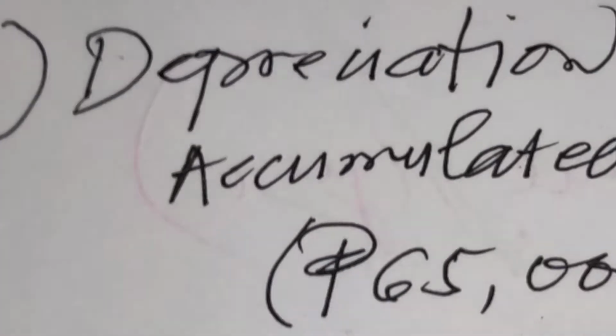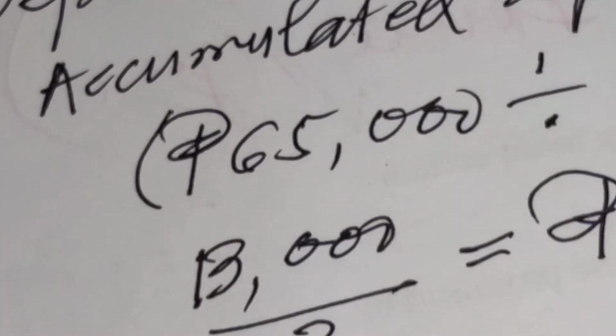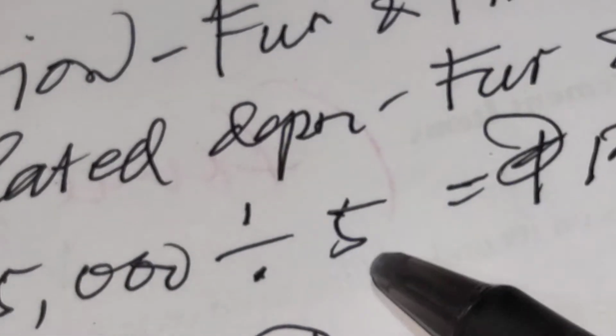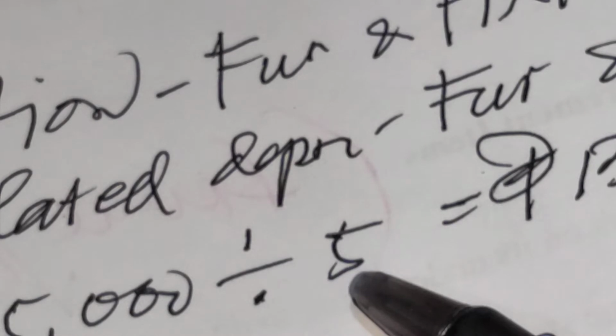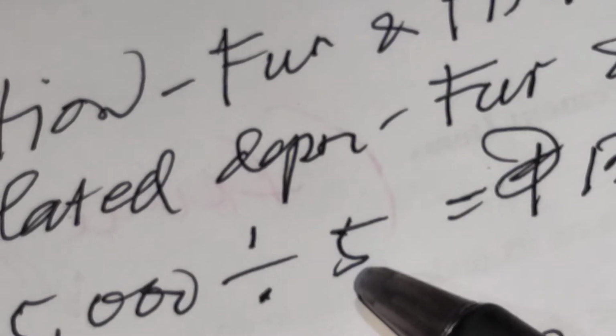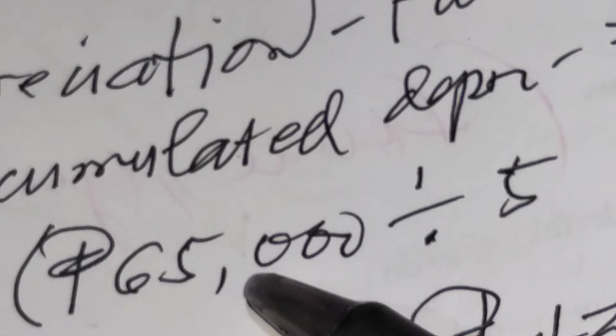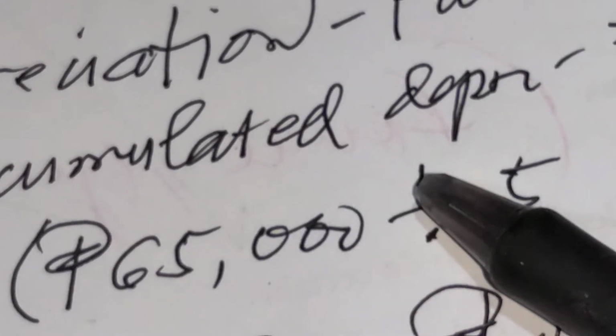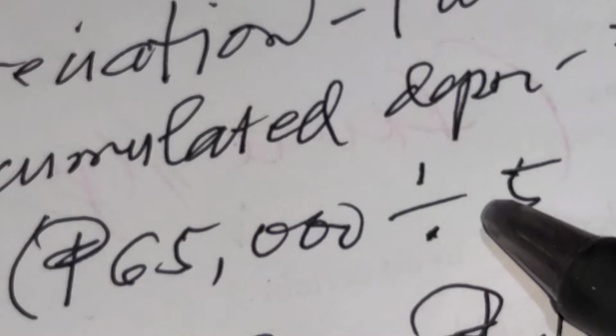For your letter A, the 65,000 of furniture and fixtures, you divide by 5, because when you depreciate, you say acquisition cost less salvage value divided by estimated useful life.